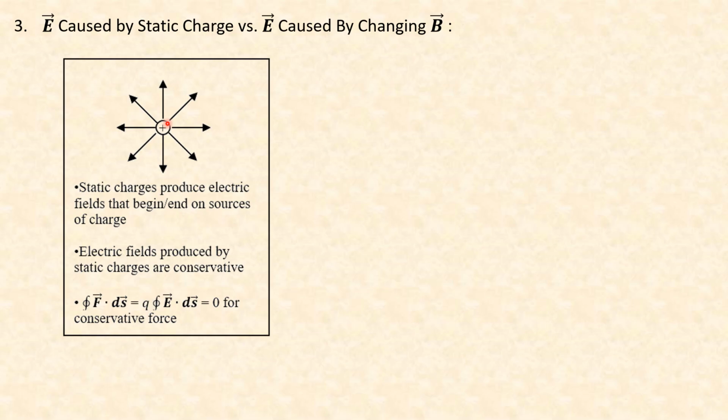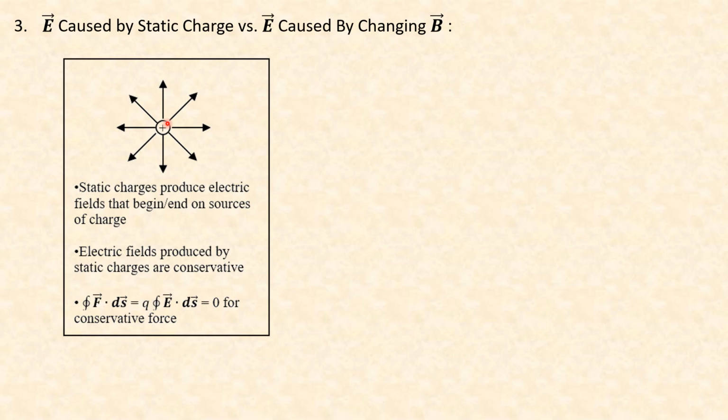Now, electric fields produced by static charges, we said, are conservative. You recall that when we defined this concept of electric potential, we did so by talking about the work that was done on a charged particle moving in an electric field. We said that the work done by that field on the charged particle as that particle moves from some initial position to some final position was independent of the path taken by that charged particle.